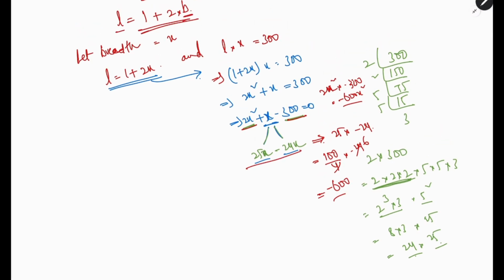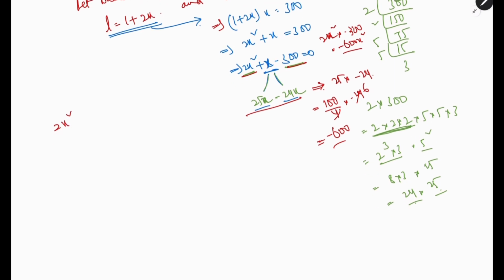Here 2x square plus x minus 300 equal to 0. That is 2x square plus 25x minus 24x minus 300 equal to 0.